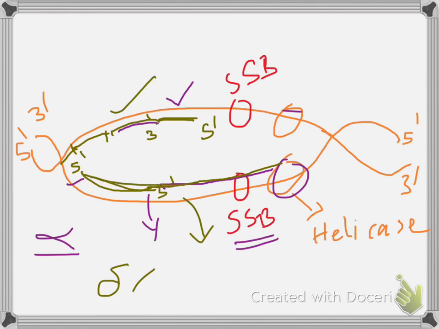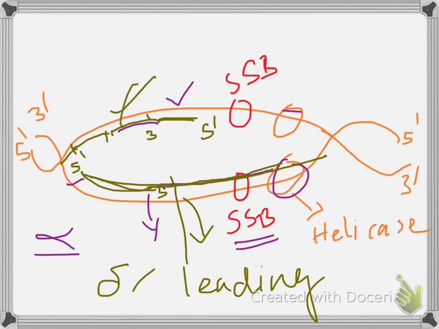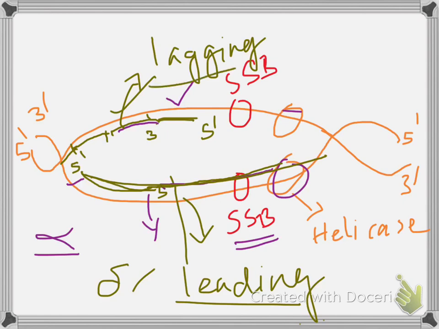So as it is the continuous strand, this is known as the leading strand. And this is the discontinuous strand, so this is known as the lagging strand. So the first one is the leading strand and this is the lagging strand. The lagging strand is a discontinuous strand.